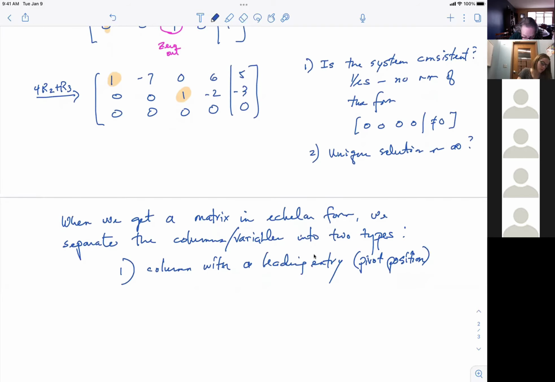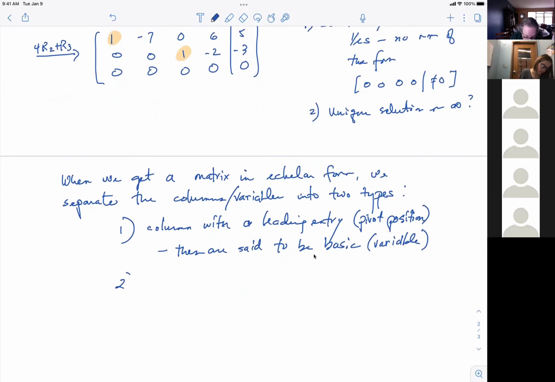And these are said to be basic. Typically we say that the variable in that column is basic.